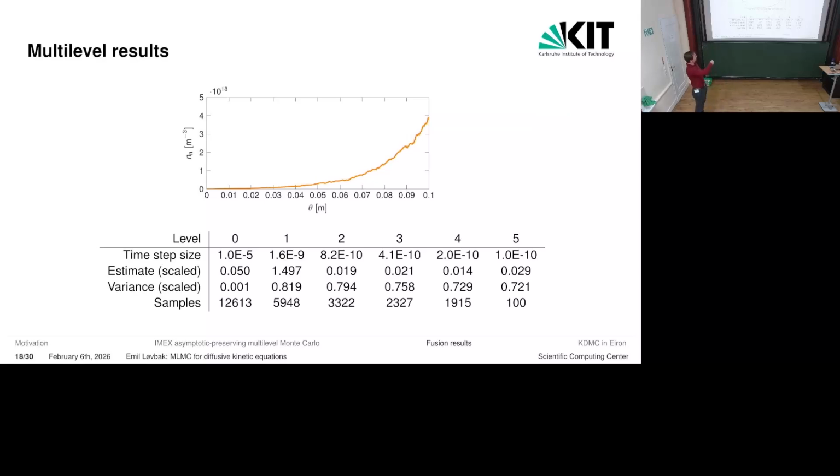But here I'm just going to explain what we're doing. We have a sequence of levels, so I've just transposed the table that you had before to fit it on the slide nicely. Level 0, we take large time steps, and here large is 10 to the minus 5, because we're working with physical parameters now. And then 10 to the minus 9 is small enough that we capture our collision dynamics nicely.